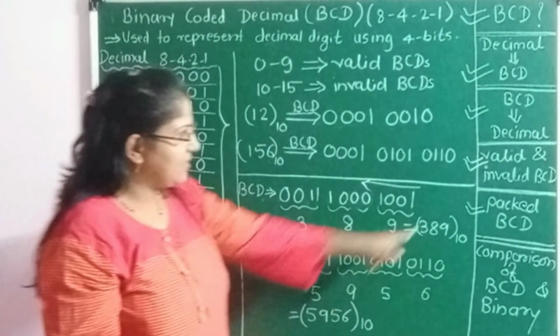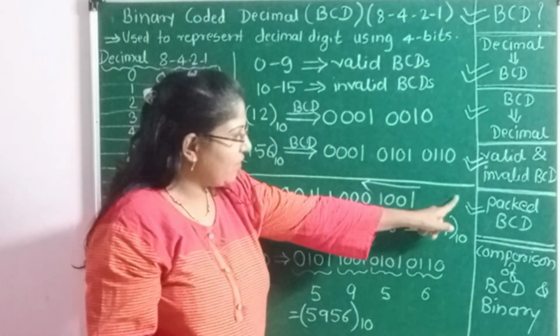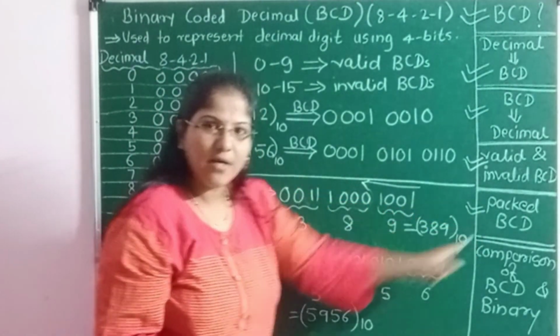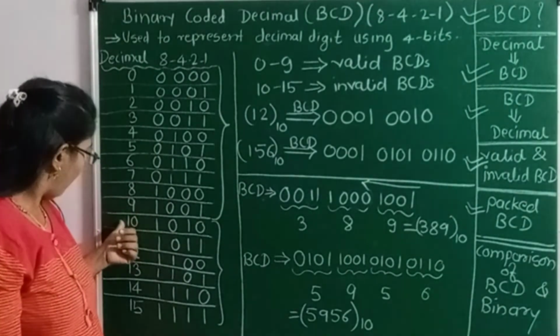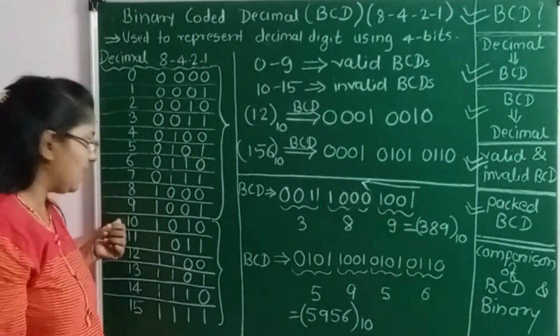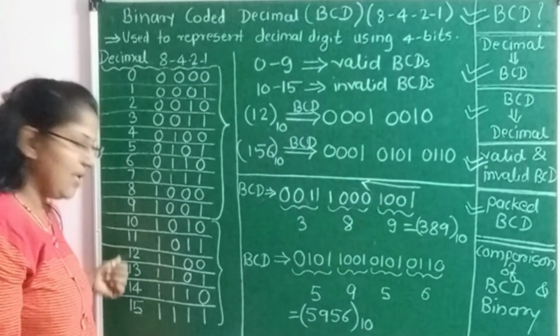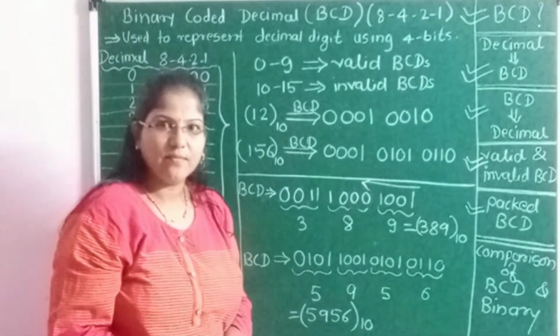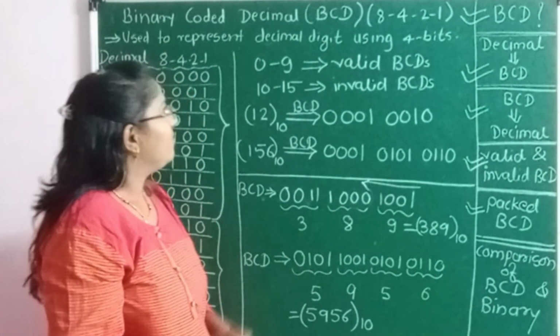And the packed BCD is nothing but when we use the BCD to represent values from 10 onward, not from 9 onward, 10 onward. So 10, 11, 12, 13, those are called packed BCDs. So this is about the BCD.